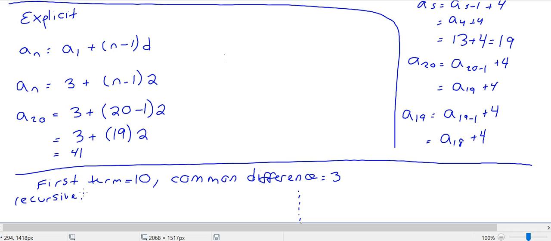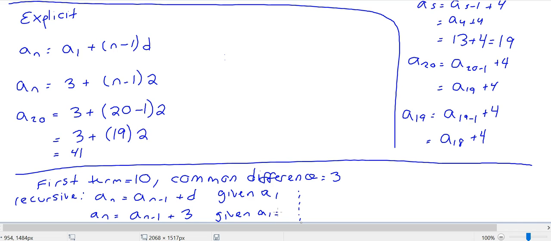The formula for any recursive sequence is a sub n is equal to a sub n minus 1 plus d when you're given a sub 1. If we wanted to write a recursive sequence for the given terms, we're going to write a sub n is equal to a sub n minus 1 plus the common difference, which is 3, given a sub 1, which is equal to 10. This would be your recursive sequence for the given situation.